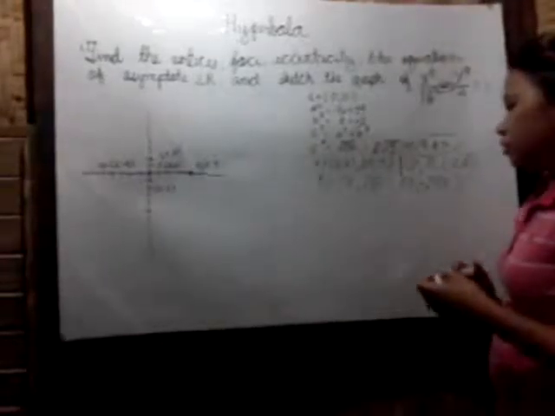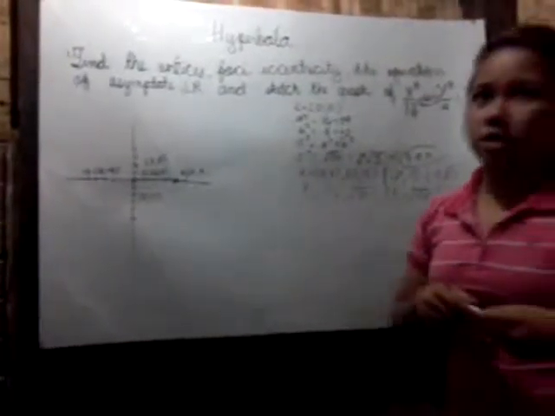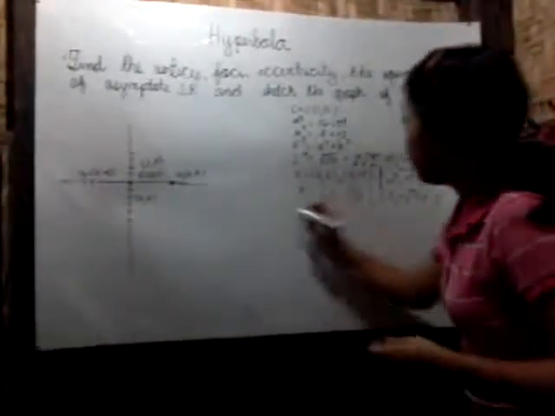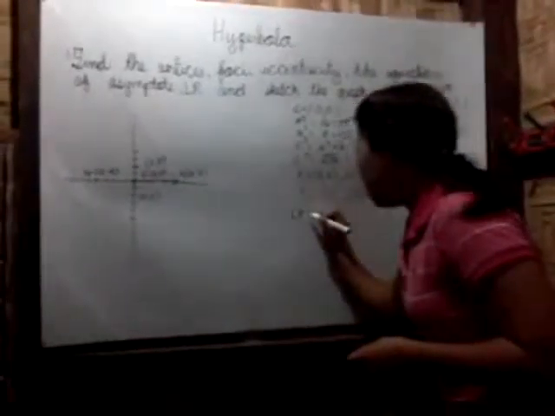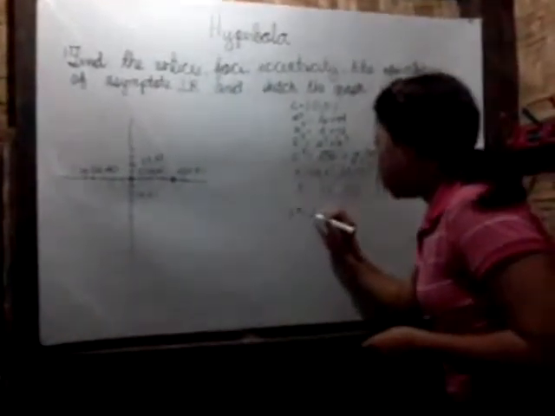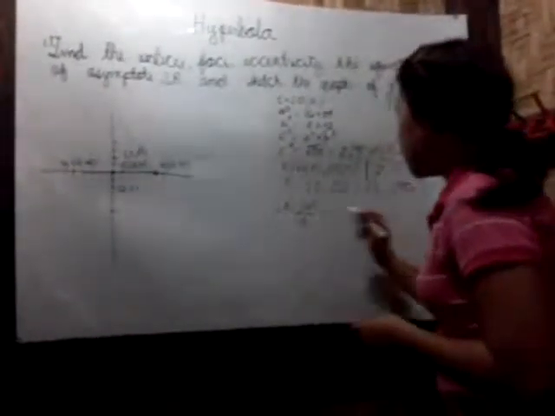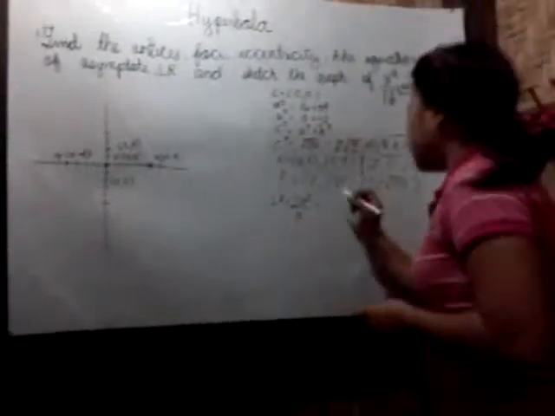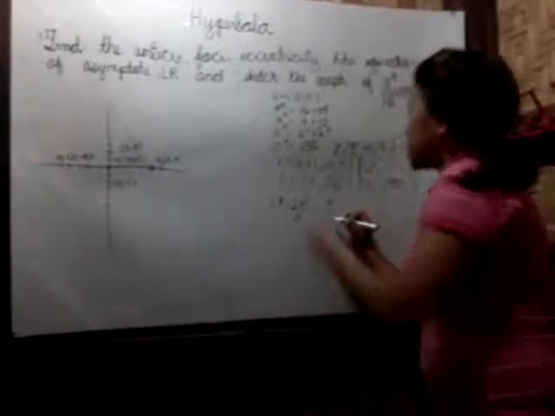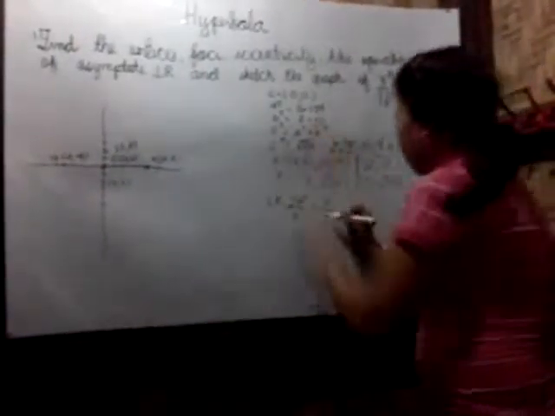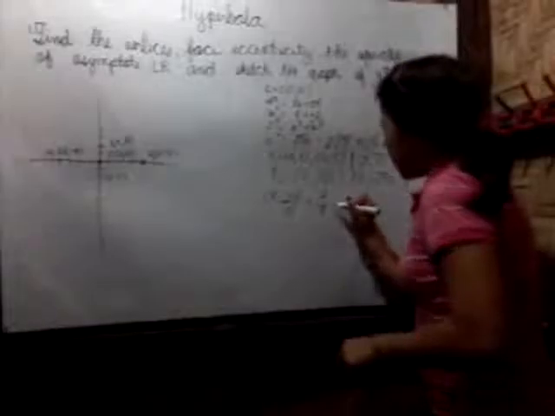Then let us proceed to the LR. The formula for LR is 2 b squared over a. Our b squared here is 4, and a is 4.